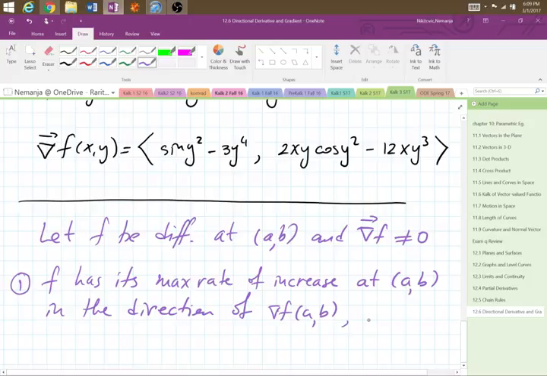And the rate of change is the magnitude of that vector.